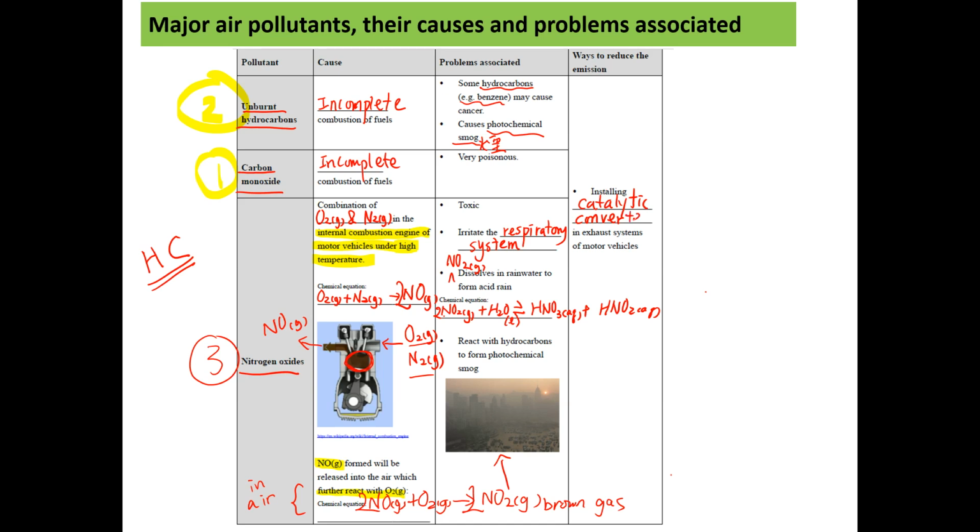Yes, converter. Okay, catalytic converter, write it down. So it's spelled TER, not TOR. We just install it in motor vehicles, not in other places. Catalytic converter is installed in cars.